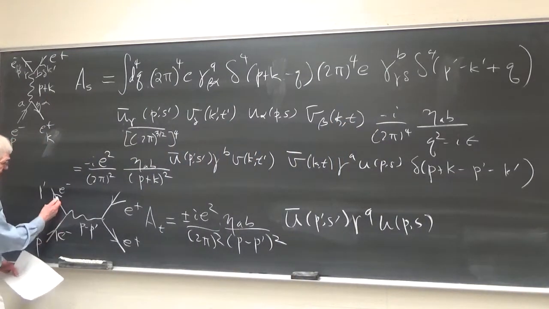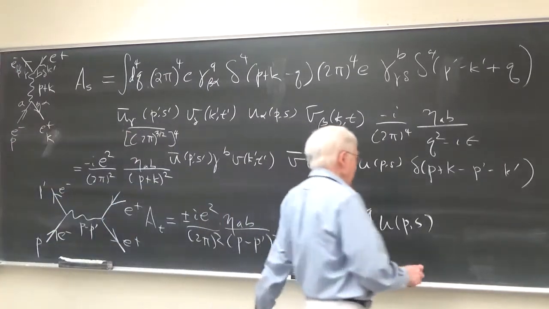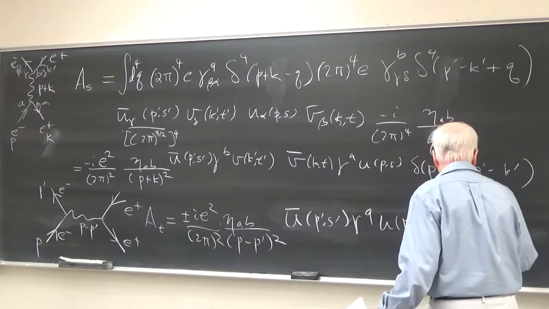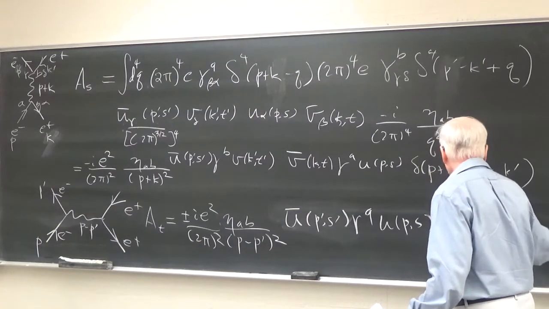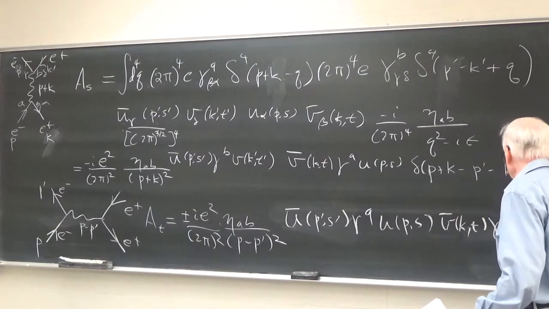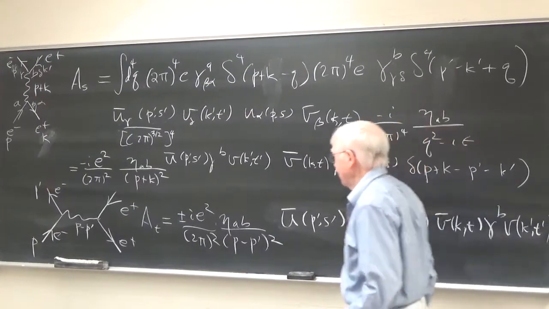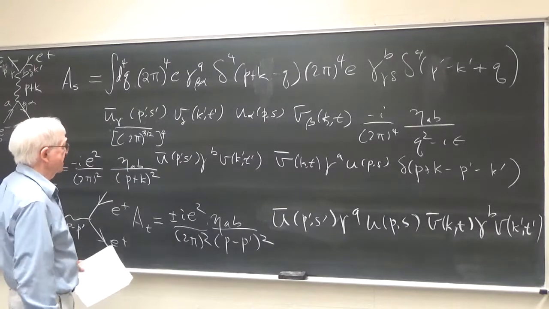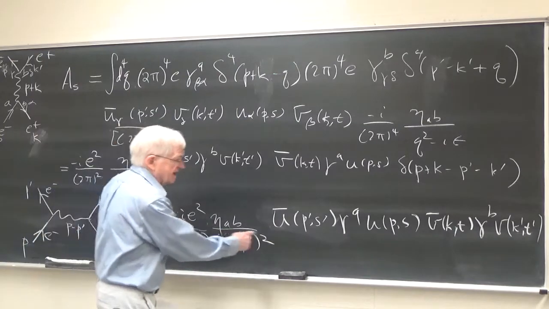There's a u and a ū, and now we've got v and v̄, and that would be v̄(k, t) γ^B v(k′, t′), and we've got the η^AB in there.